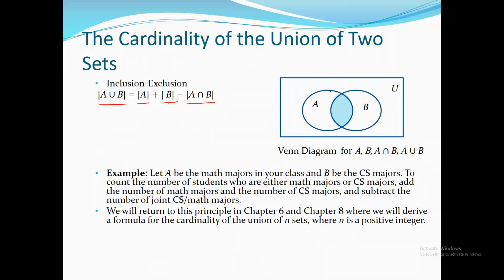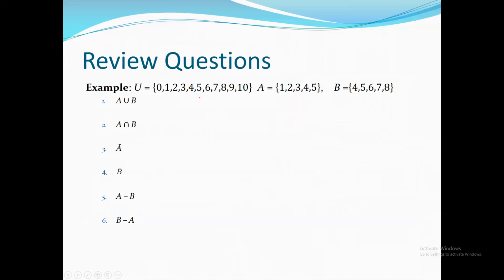Because the cardinality of A will cover all this area, and the cardinality of B will cover all this area. So that means these elements are counted twice, and that's why we need to subtract these elements once. So the cardinality of A plus the cardinality of B minus the cardinality of A intersection B.